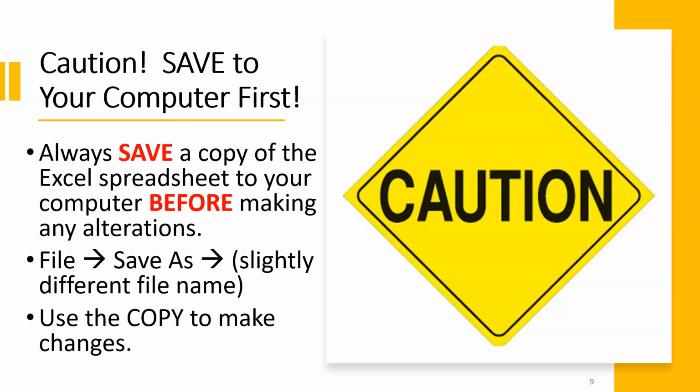Now, to do so, on most computers, you simply click File in the upper left-hand corner, then Save As, and then you give it a slightly different file name from the original, then save it to a specific folder where you can easily find it. Use the copy of the original to make any changes, so you always have the original in its complete format.